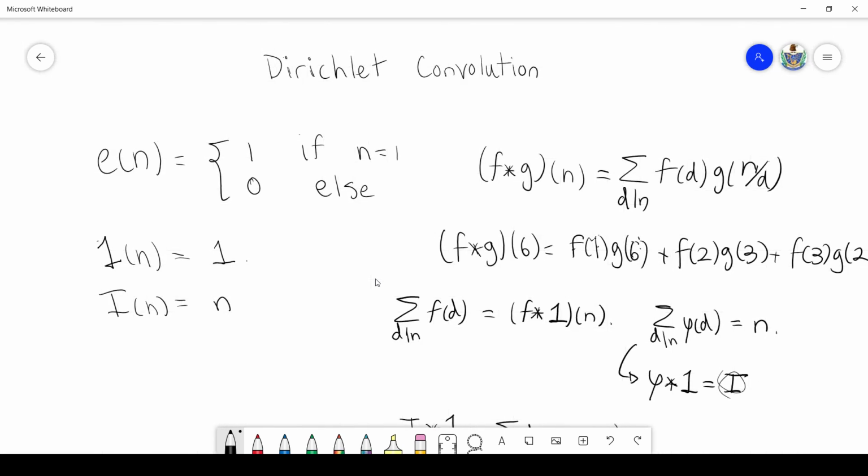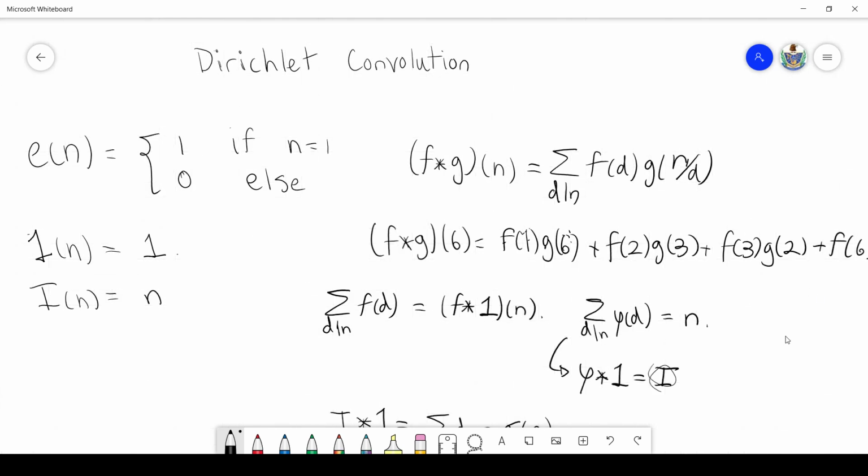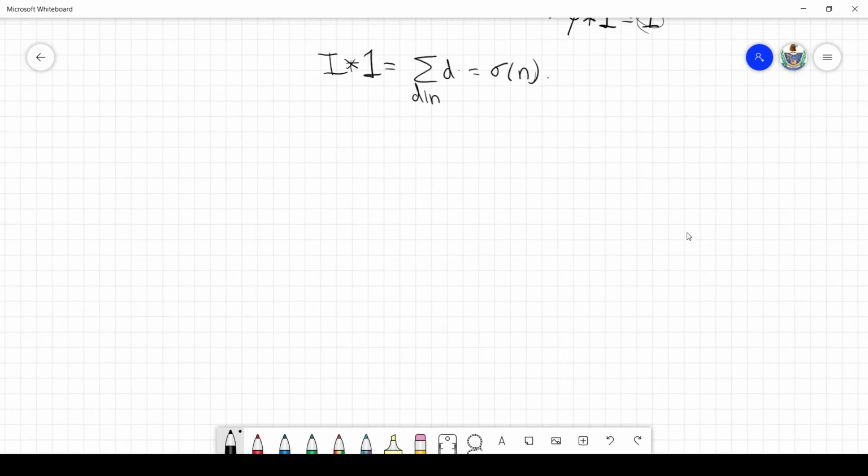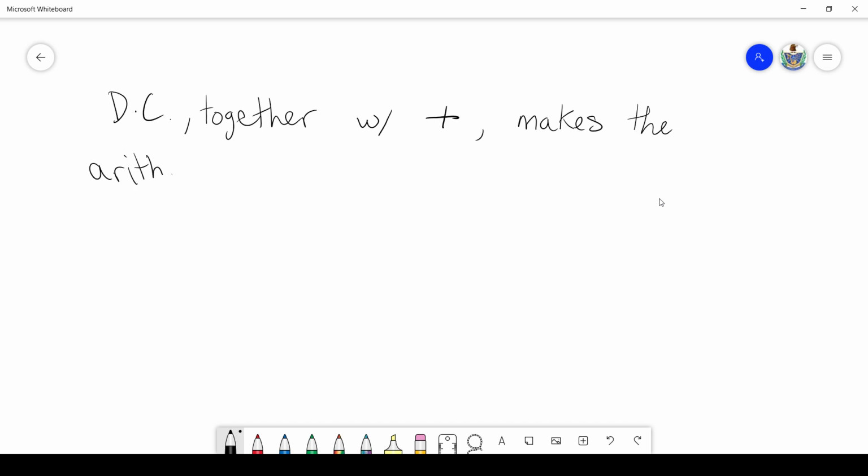Okay, so this is the definition of Dirichlet convolution. Now, it actually gives us some structure for arithmetic functions. In particular, Dirichlet convolution, which I'll just write as DC, together with addition, which I'll just write as plus, makes the arithmetic functions into a ring.